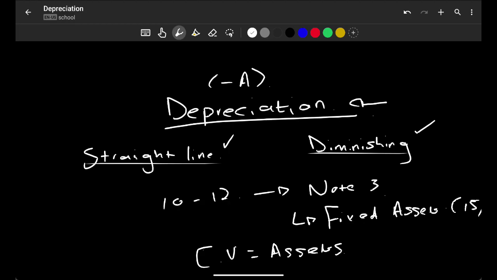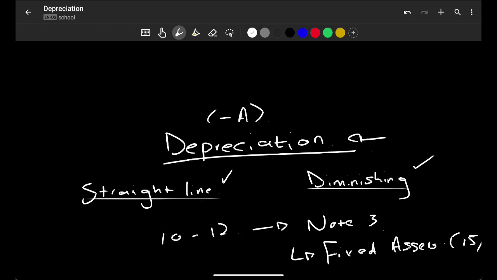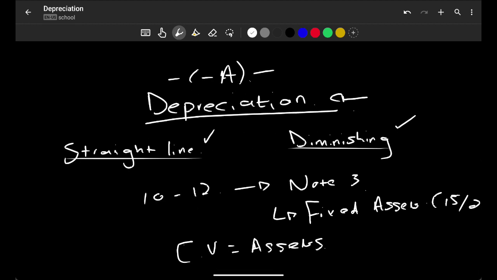If we know it's a negative asset, we know that normal assets increase on the debit side and decrease on the credit side. So a negative asset is the opposite of that, meaning that it'll decrease on the debit side and increase on the credit side, right? So now you know the classification of the depreciation account.